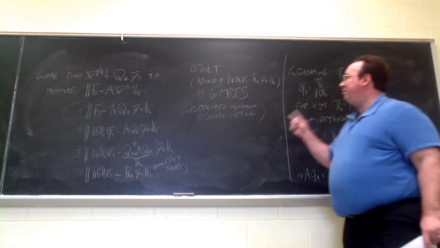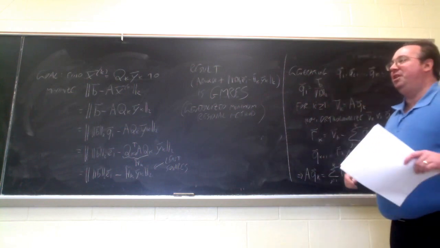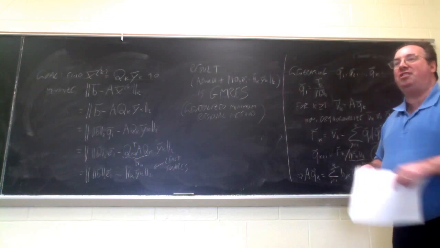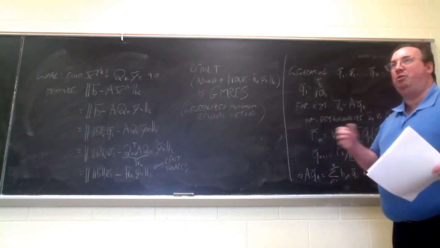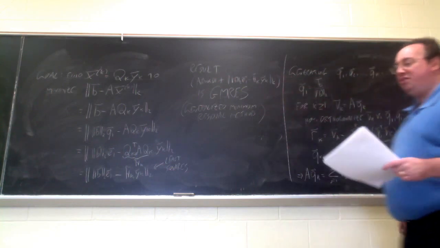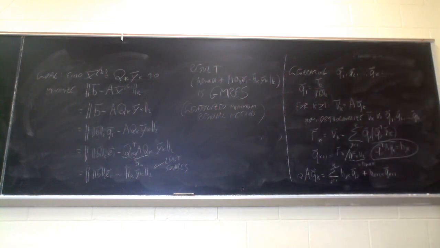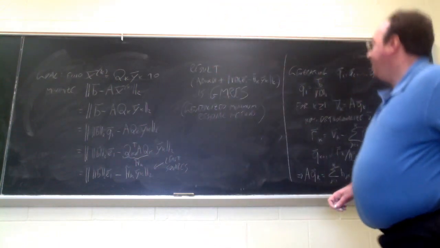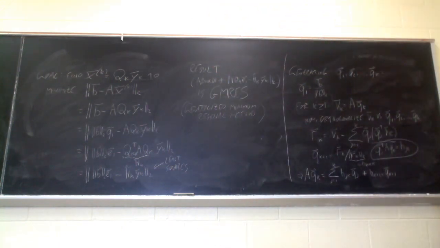And that's why with GMRES it's typical to try for several iterations and then restart, to avoid having these problems grow too large. Okay. Now, let's see. All right. So any questions about the least squares problem here?